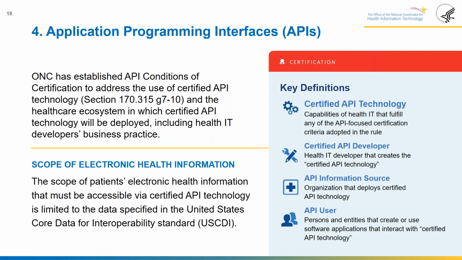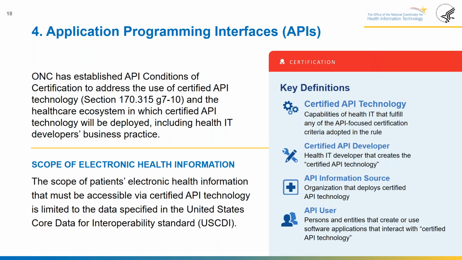And then you can see on the right side that we've tried to identify the roles and definitions in the terms of the requirements to kind of provide clarity, such as we define certified API developer, certified API technology, API information source, and API user.